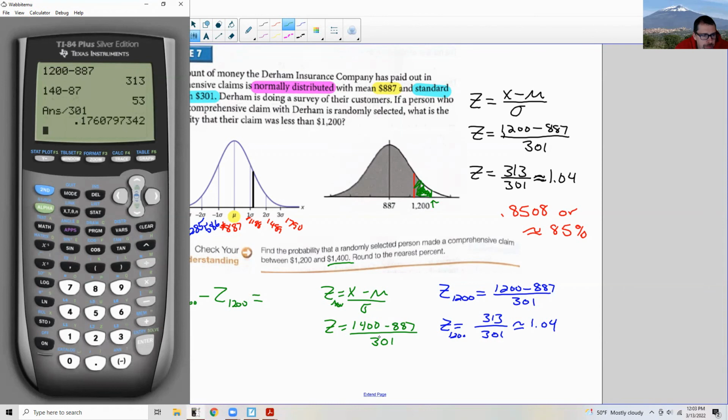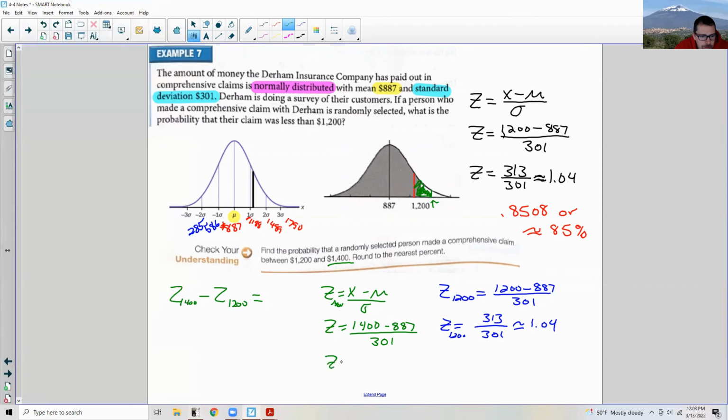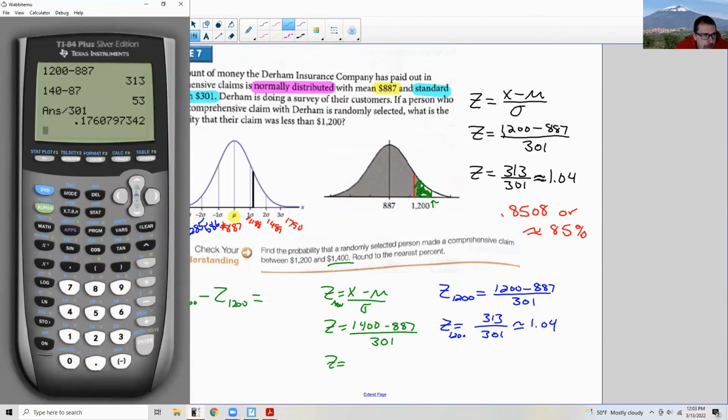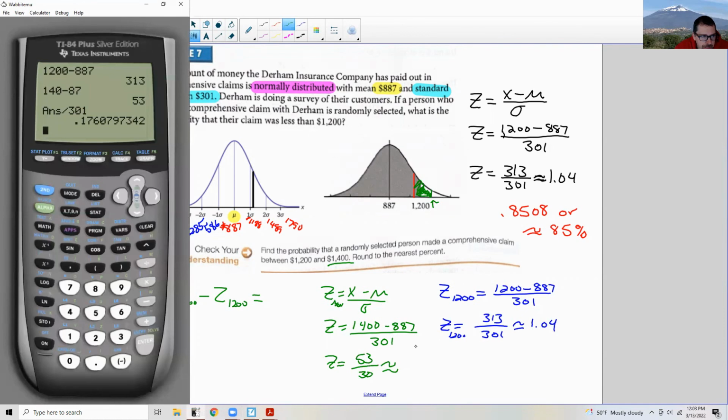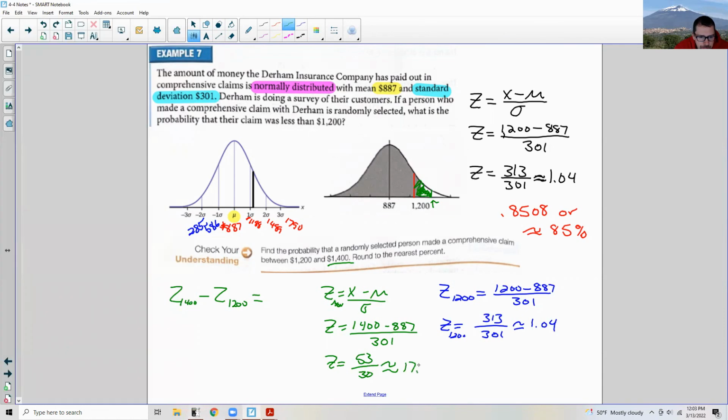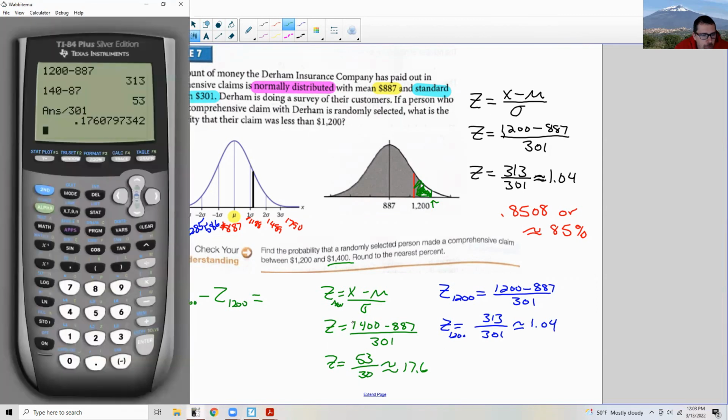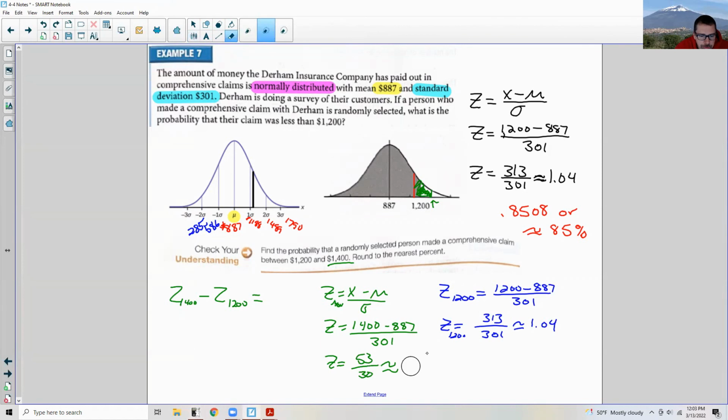Which is 513 over 301, which is approximately 1.70. Okay, what am I doing here?